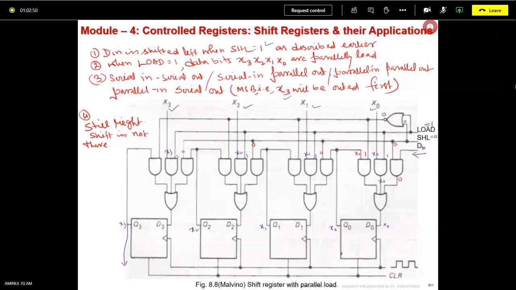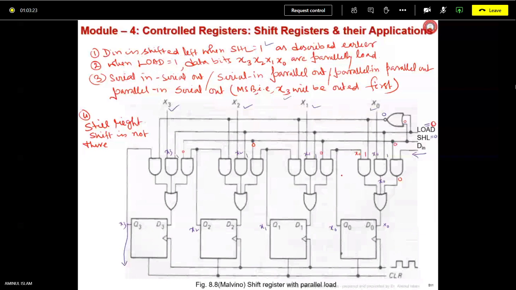One input of a NOR gate is 0. What is the output? The load is also, of course, 0. You are not loading, so load is also 0. You are not loading parallelly, okay?